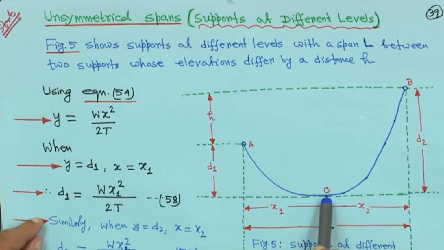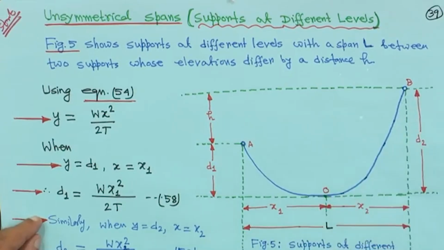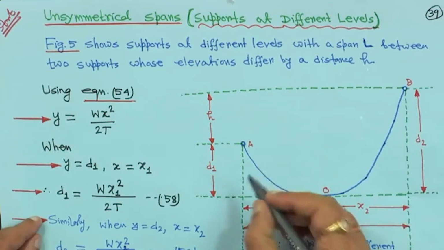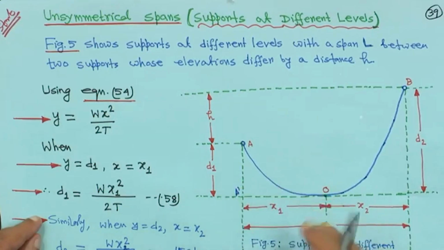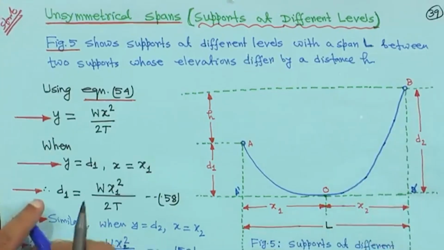From here, the distance from O to A is x1. If I mark A dash, then OA dash is x1, and if this is B, and we mark B dash, then OB dash is x2.